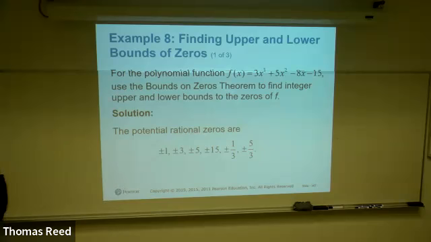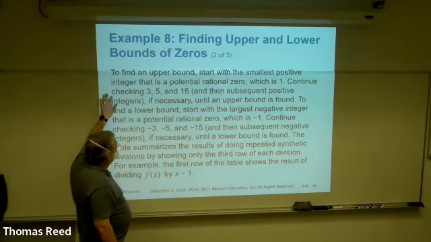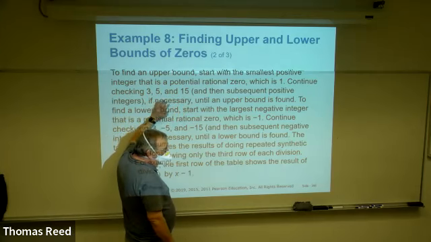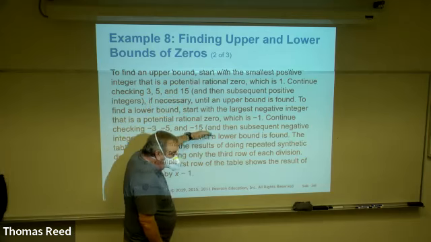So there's a process here. To find the upper bound, we start with the smallest positive integer, so that's 1, and then you continue checking until you reach the point where they're all positive or zeros.